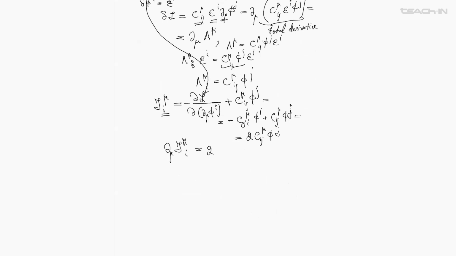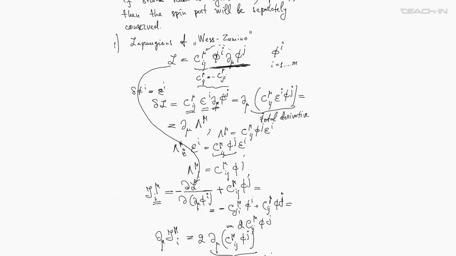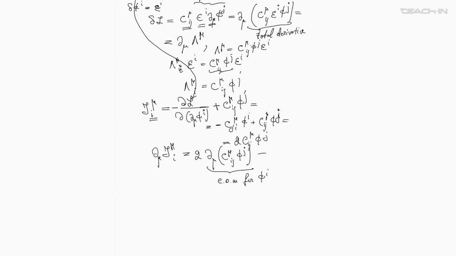But this equation is nothing but the equation of motion for the field phi I. You see from this Lagrangian here, taking the variation with respect to phi I, you get exactly this expression. And so on solutions of the equations of motion, as should be according to the Noether theorem, the divergence of the corresponding current vanishes.